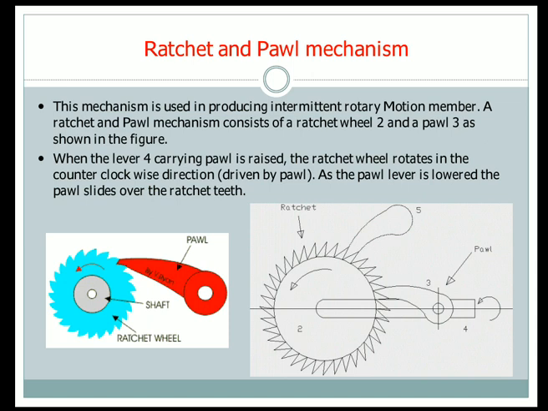So pawl 5 and pawl 3 prevent the rotation of the ratchet in the clockwise direction. So here the only way of rotation is that the ratchet can rotate in the counterclockwise direction, or we can lift the lever upwards so that the ratchet can rotate in the counterclockwise direction. Along with that, pawls 3 and 5 also rotate in the counterclockwise direction.